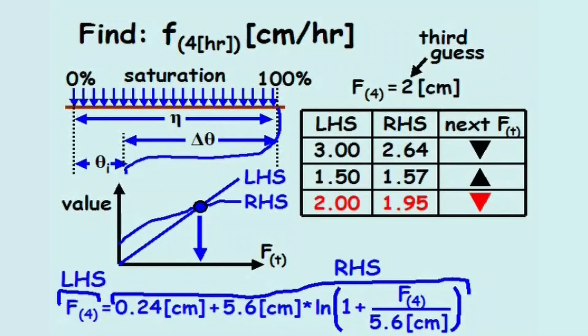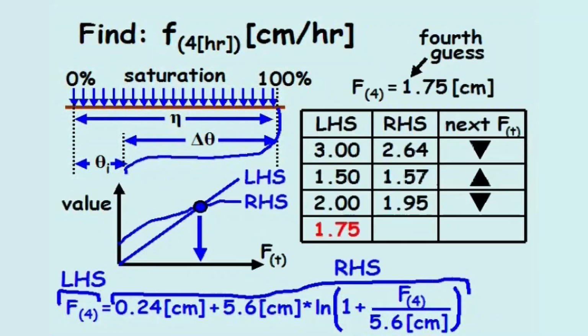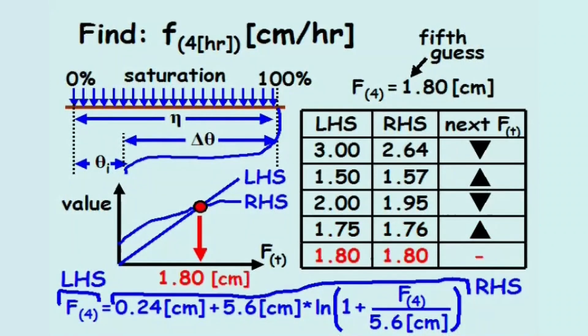Therefore, 2 centimeters is too high. For the fourth iteration, we'll try 1.75 centimeters, which is slightly too low. In our fifth iteration, using 1.80 centimeters converges. So now we found our cumulative infiltration.